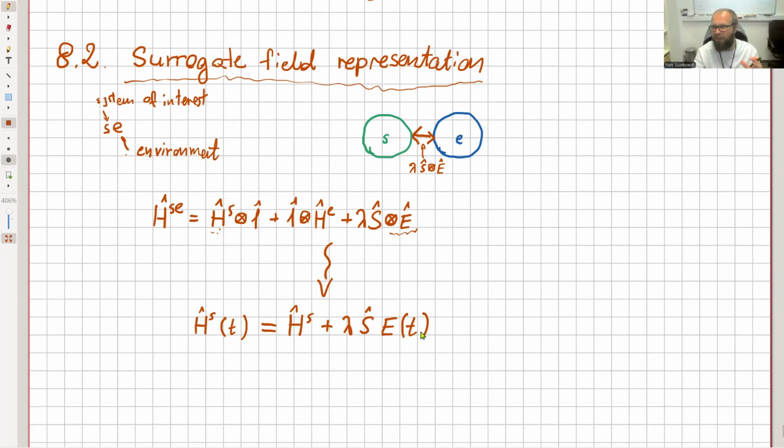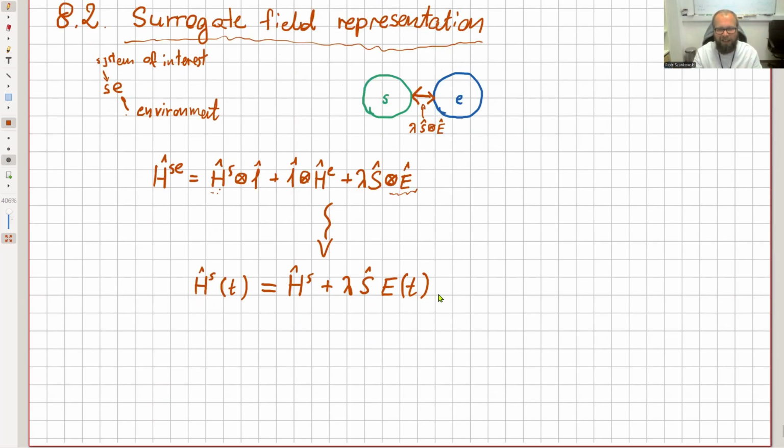So we want to cover all options, right? So we will just get here some stochastic process E, and this is an operator in system S only, right?